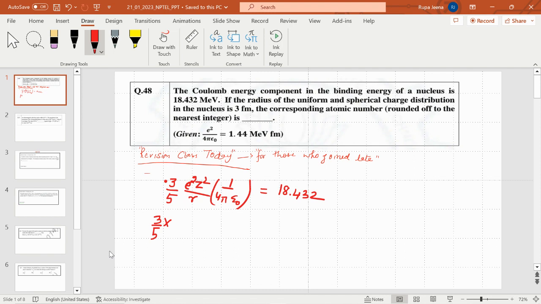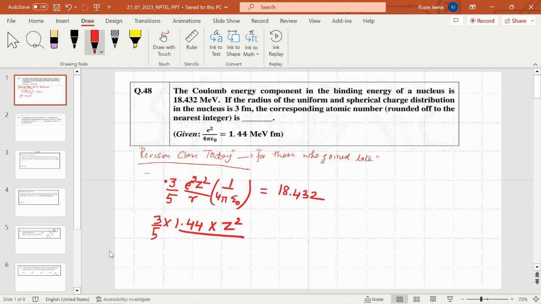So put the value which is given in the question. 3 by 5, and if the radius of the spherical charge distribution is given, e square by 4 pi epsilon naught is given to you as 1.44, right?